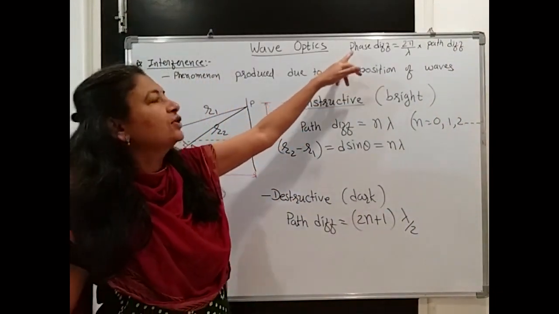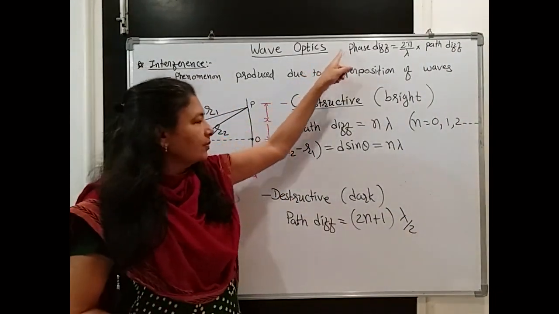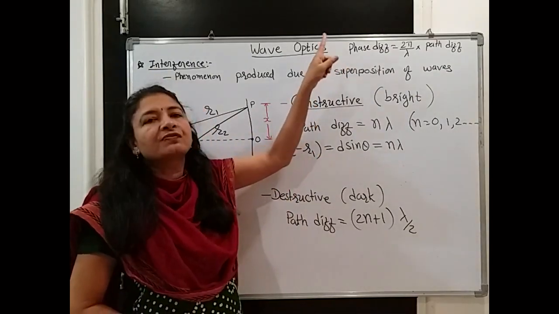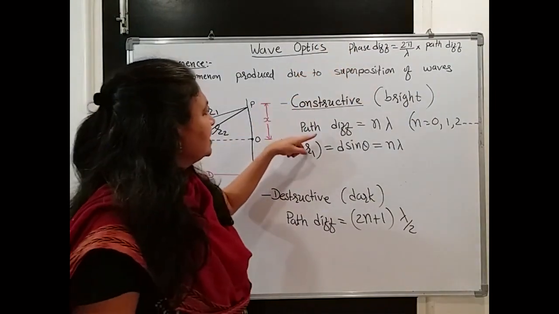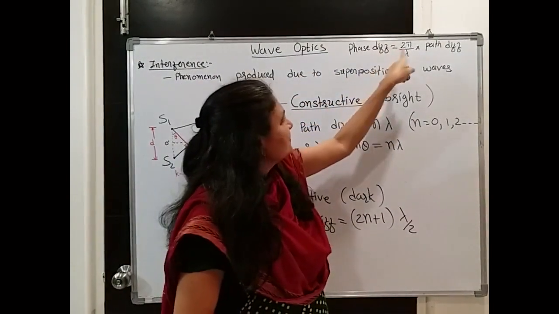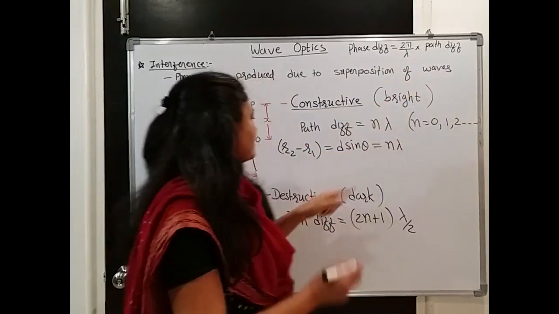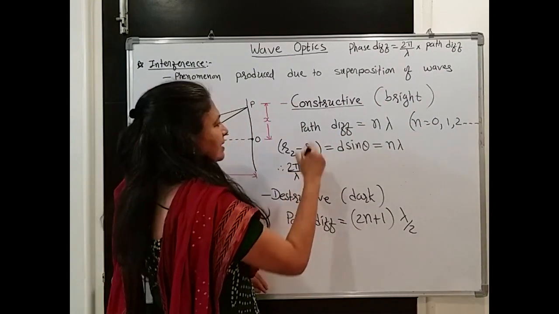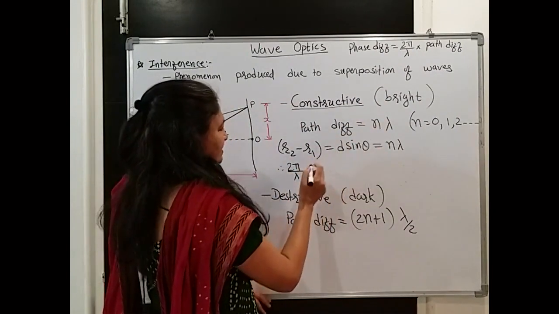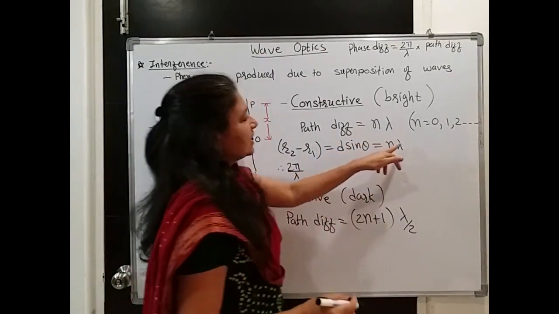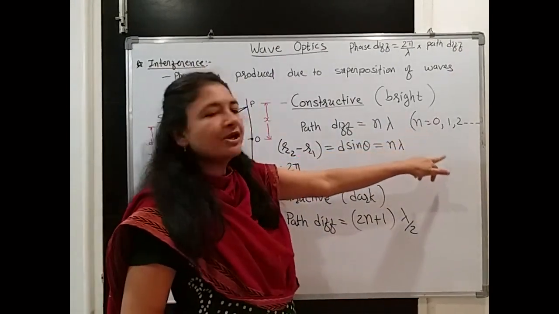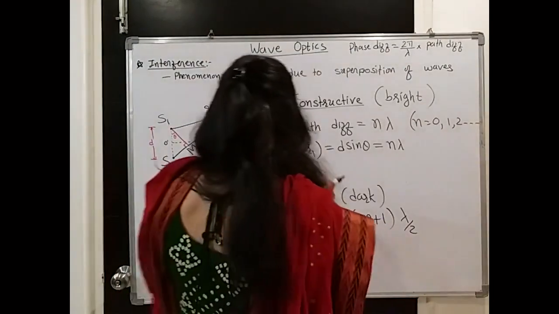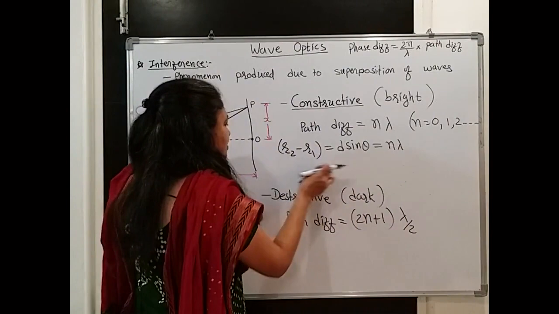Using this formula, you can obtain the condition for constructive interference in terms of phase difference also. If I multiply 2 pi by lambda and the path difference n lambda, you will get n multiplied by 2 pi. You can obtain it on your own. Okay. So in this way we can obtain the condition for constructive interference.